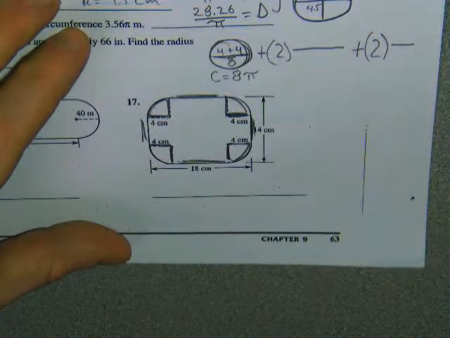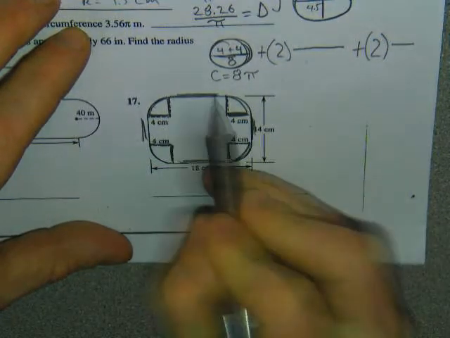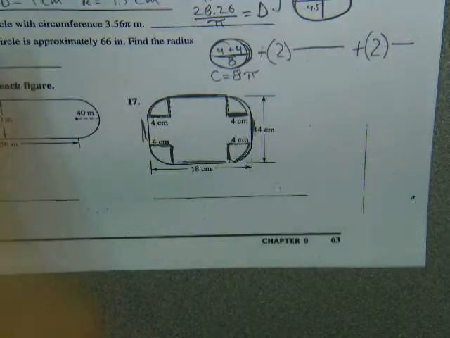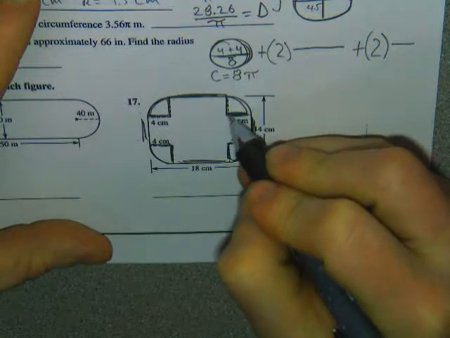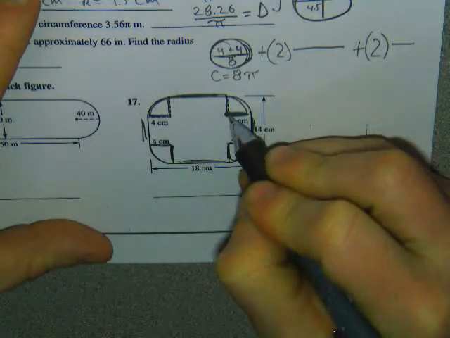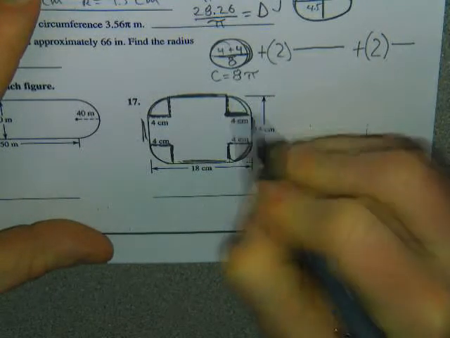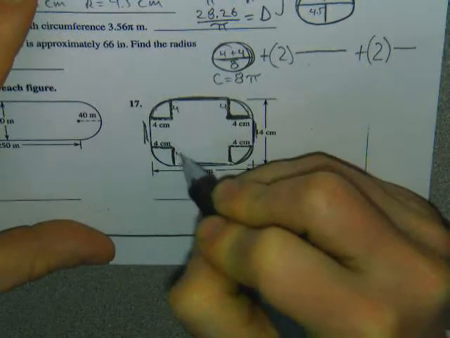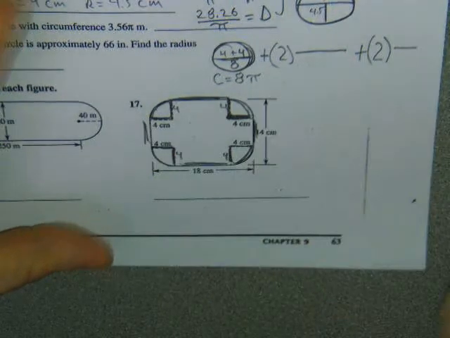And then this longer length. Well, if this is a circle, the definition of a circle is a set of points equal distance from the center. So this is 4, this is 4, and I'm just going to put all those down right there because I know them and it doesn't cloud the picture.